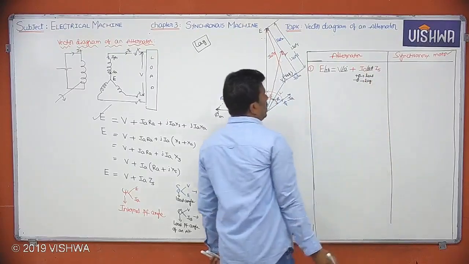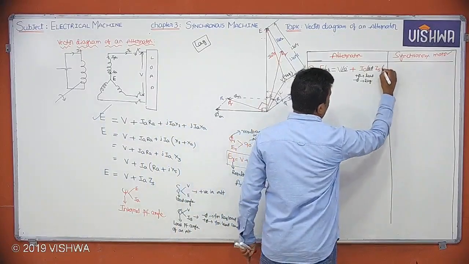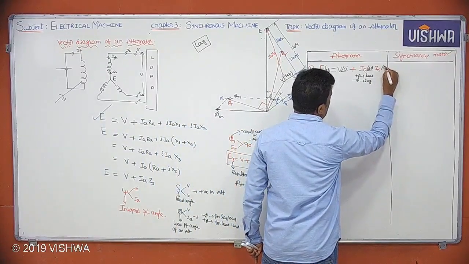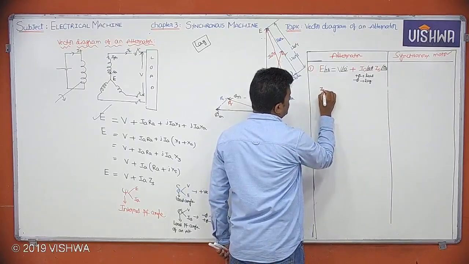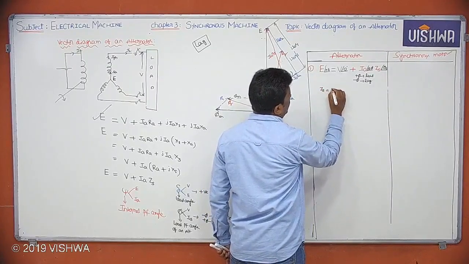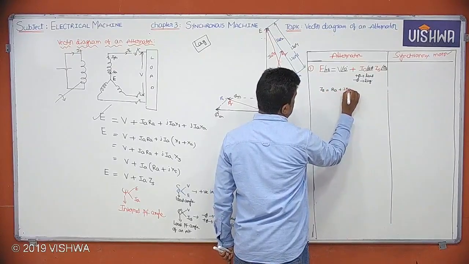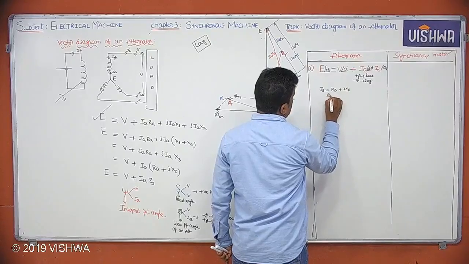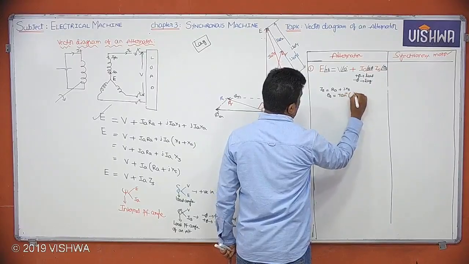Very good. Now what about ZS? ZS is at an angle of theta S. Because synchronous impedance ZS equals RA plus JXS. From this, theta is equal to tan inverse of XS by RA.